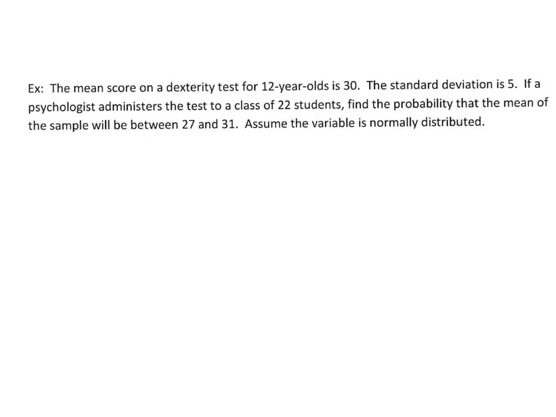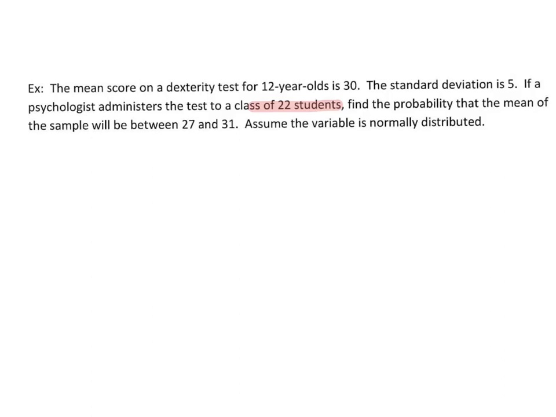There's only one extra piece of information here than the problems that we had in 6.2. And that extra piece of information has to do with the sample size. They tell us that we're administering this test to 22 students, not every student in the world. In 6.2, we just assumed that it was given to everybody.